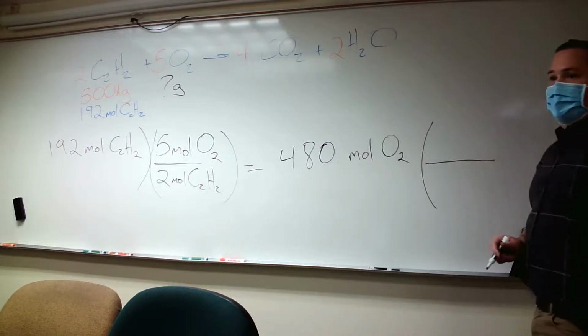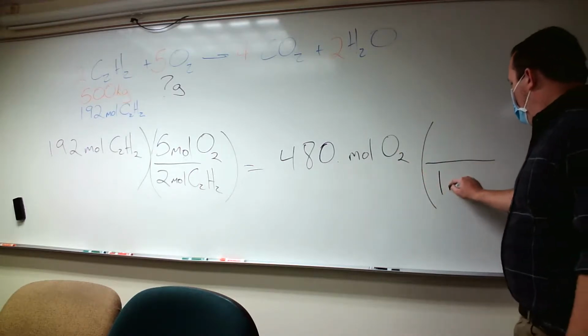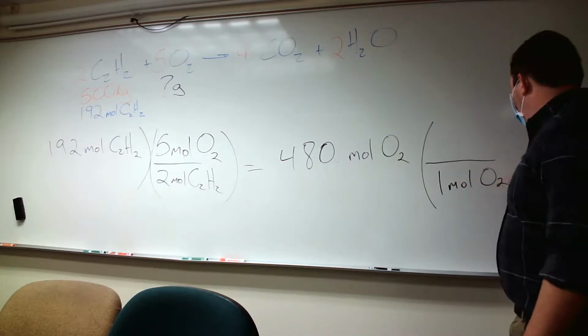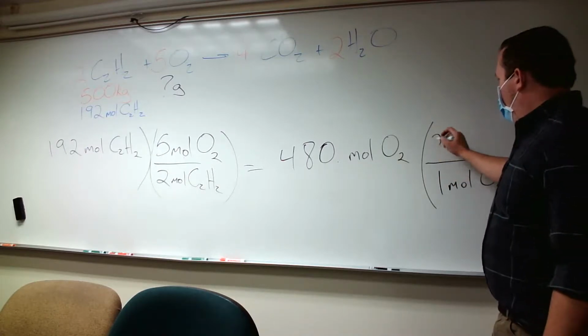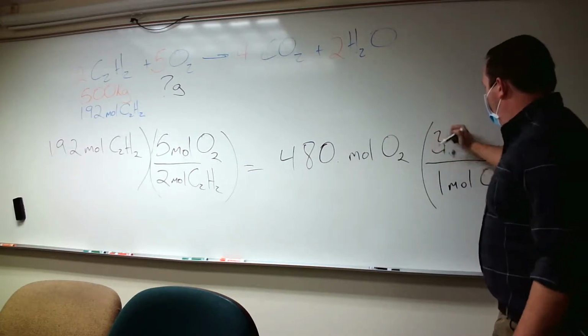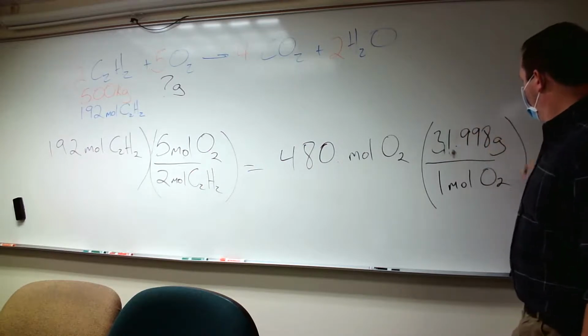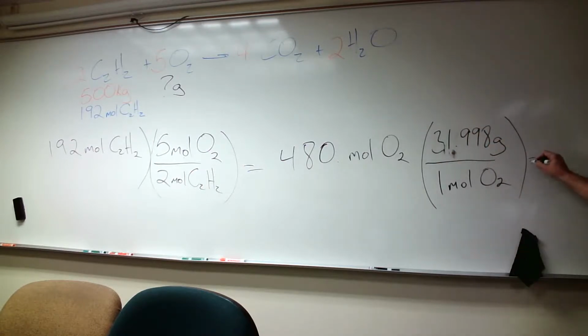And that's moles, we want to get to grams. So we do another molecular weight. 1 mole of O2 is 31.998. And we get 5,759, so 5,760. 5,000.